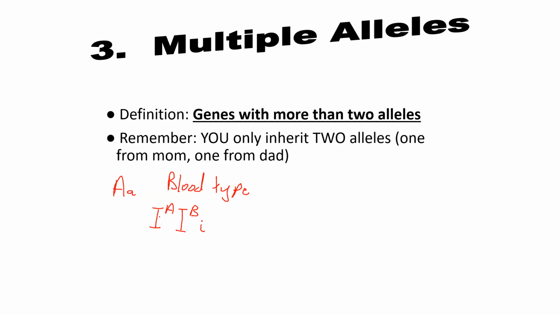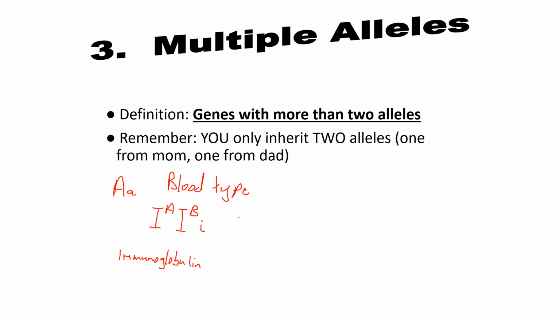So I is for immunoglobulin, which of course is an antibody. And what this is saying is that your blood type can be type A or type B, depending on the antigen you find on its surface. The antigen is determined by, of course, this gene here.